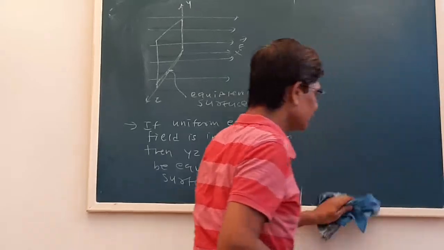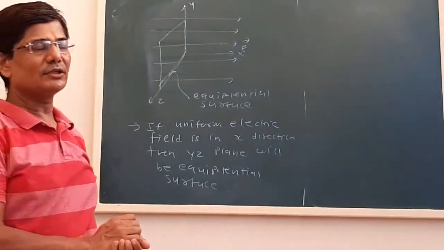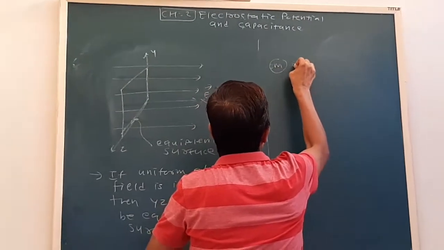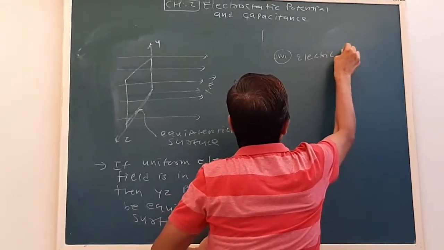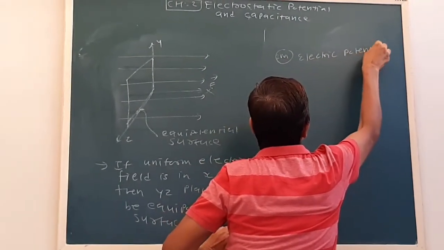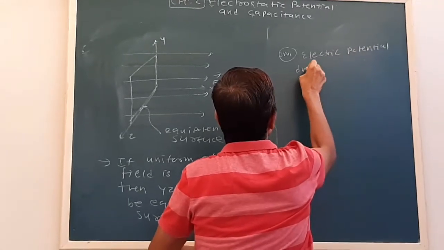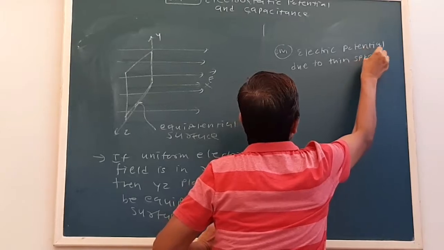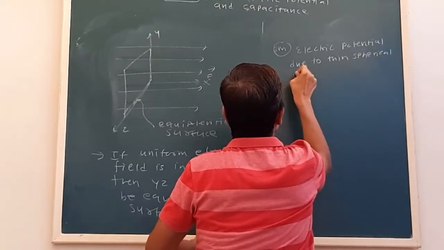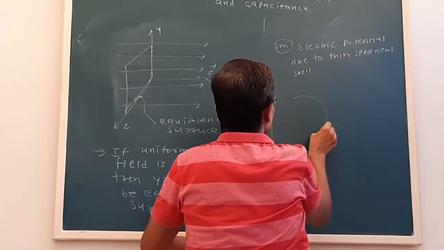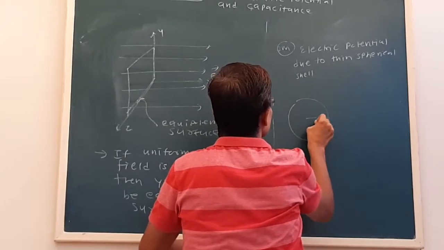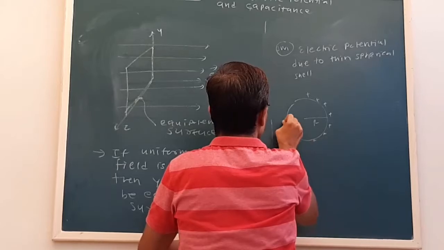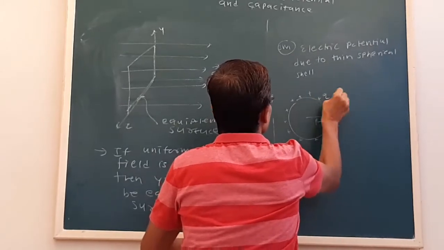Potential due to a thin spherical shell. Okay, see, this can be asked in a 2-mark question. Electric potential. Now let us say a sphere of radius r, charge q is uniformly distributed on the surface.